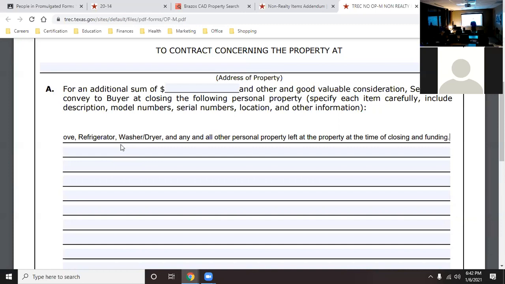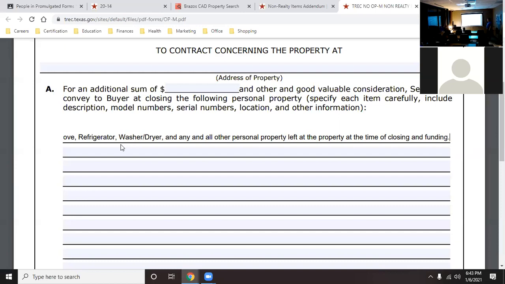The reason I do that, like I told you before, is that while I did put stove, refrigerator, washer, and dryer, the last part is the most important. Because if a client goes over and leaves their personal property, and you've got to understand, this is not a lease back. If this was a lease back, where the seller is selling the property to a buyer and leasing it from them, you wouldn't apply that.